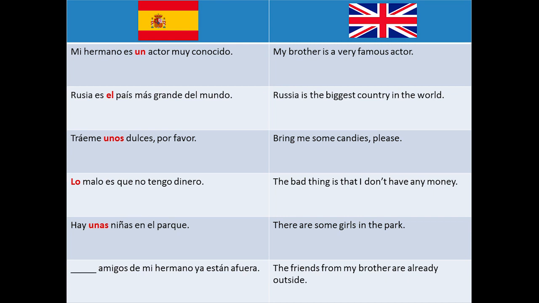The verb haber, which expresses existence, comes along with the indefinite articles, and niñas is a female noun in plural form, so we use unas. Los amigos de mi hermano ya están afuera, which means the friends of my brother are already outside. In this case, we must have had previous references about my brother's friends, so we use the definite article. We use los because it is the plural form for the male noun amigo.